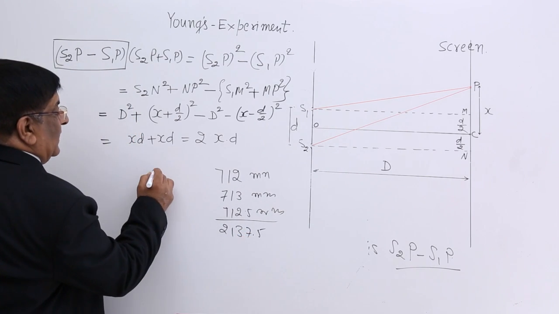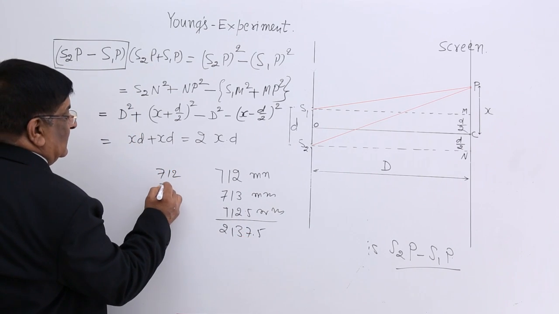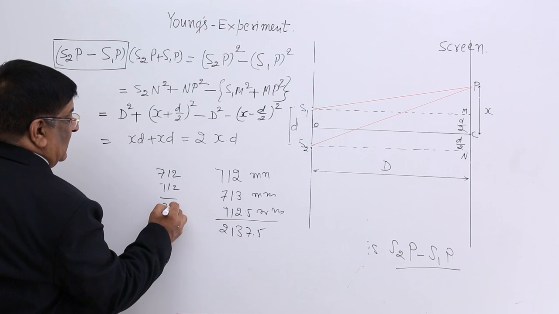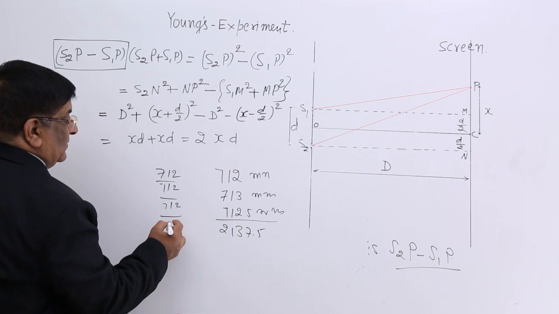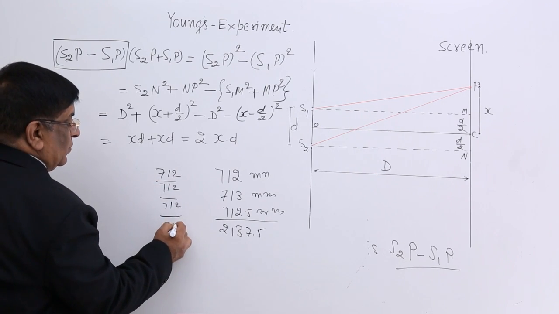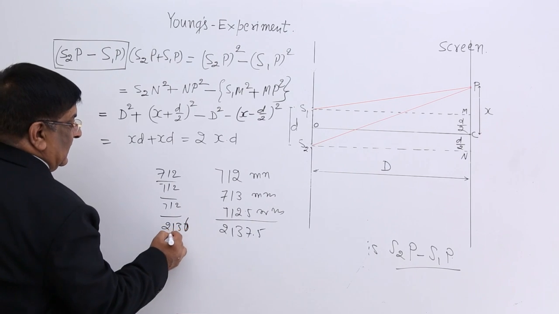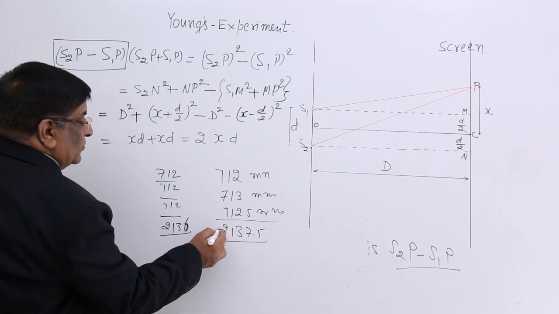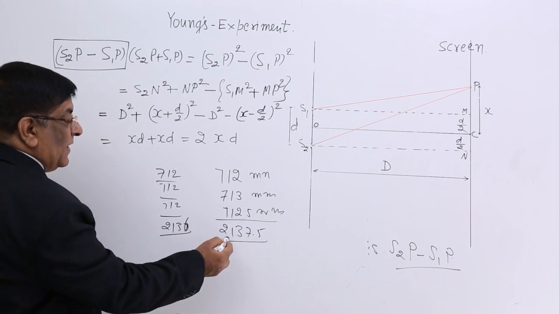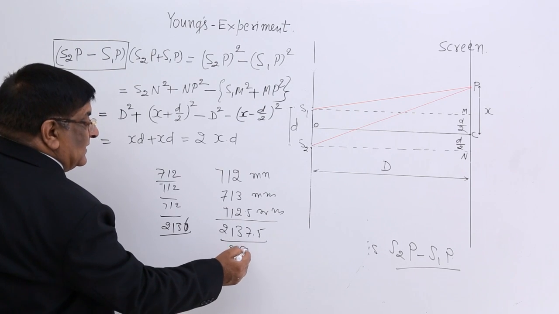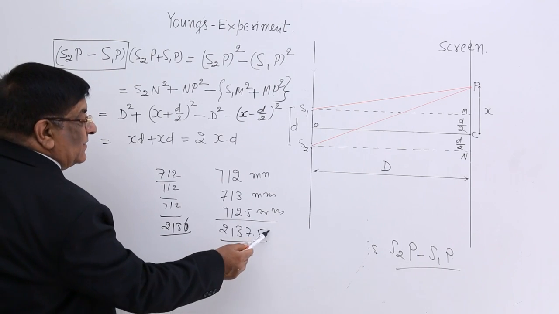2137.5. But if you take all as 712, then the total will be 2136, which is almost equal. If I write 2136, what is the error?